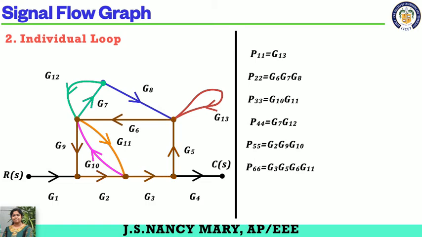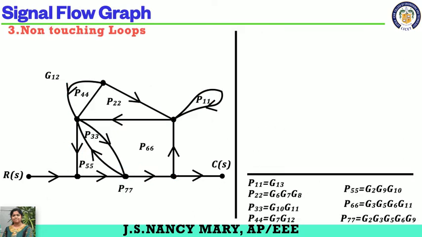The next step is to find the non-touching loops. I have named all the loops as P11, P22, P44, P33, P55, P7, and P66. We see that P11 and P44 are not touching each other.